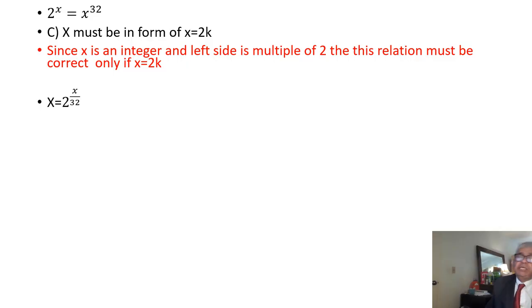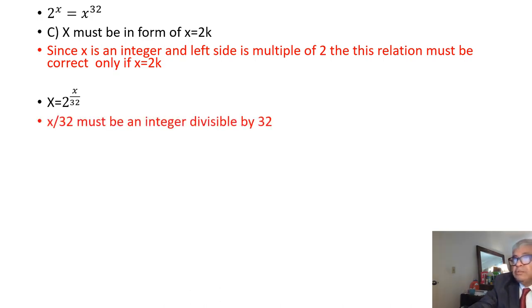Remember, x is an integer. If x is an integer, and we said x has to be more than 1, that tells us that x over 32 must be more than 32, because I want to get an integer for x.